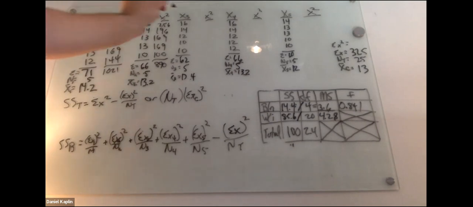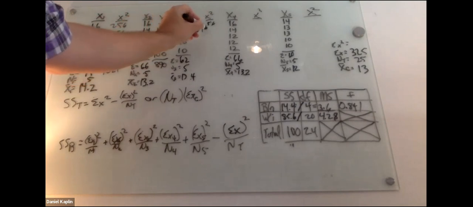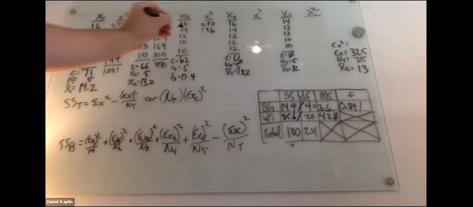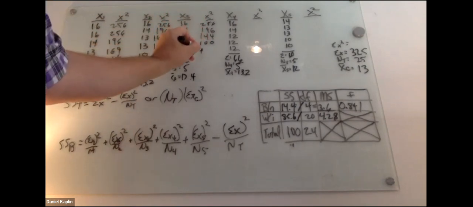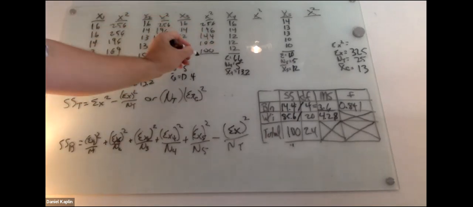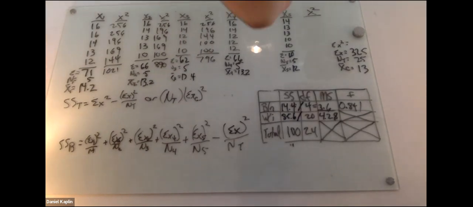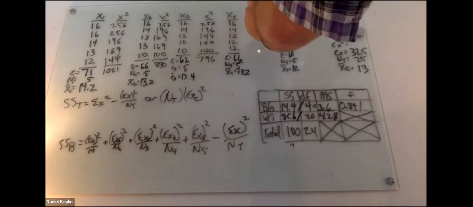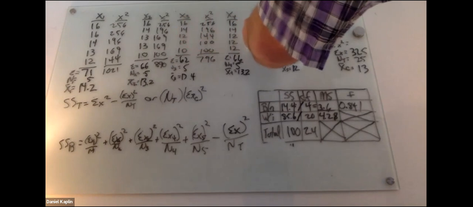Let's move to the third column. Now we have, again, 256, 196, 144, 100, and 100, right? Add that column up, we're going to get 796. Now, moving to our fourth column, again squaring 16, 256. 14 squared is 196.